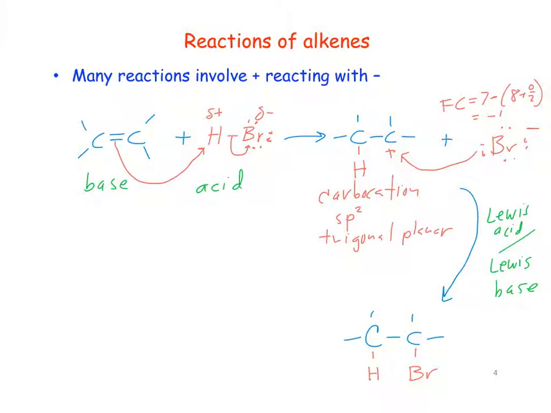A Lewis base is an electron pair donor, so this would be the Lewis base. The carbocation is a Lewis acid because it's short of electrons, so it likes to accept a pair of electrons. The other way we could do this is we could call the bromide a nucleophile. It has a minus, so it wants the plus, and then the carbocation here would be an electrophile.